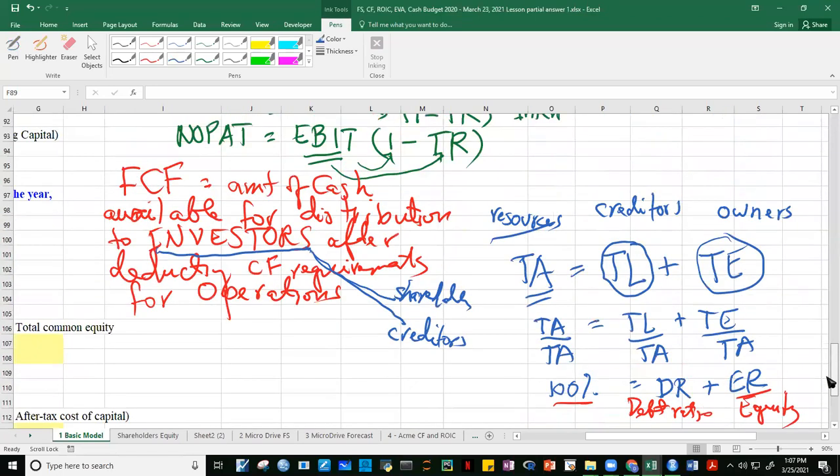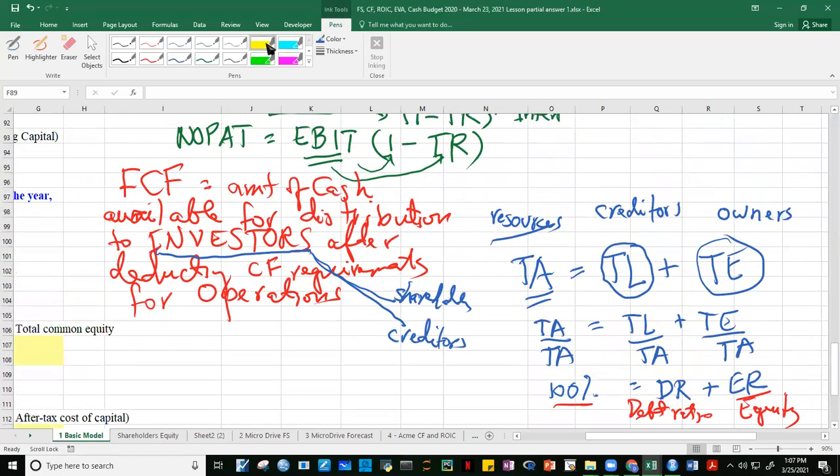Okay? So sabi natin, guys, going back here, the free cash flow, okay, it's that amount of cash available for distribution to investors after, take note of this, after deducting cash flow requirements for operations.